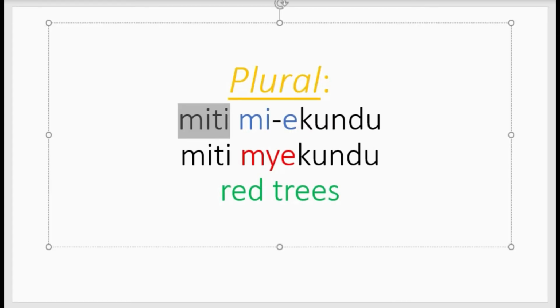We take the mi and combine with e, we get miekundu.